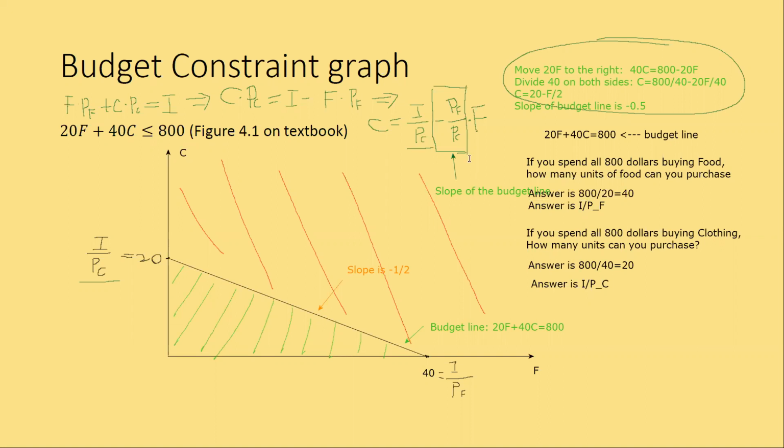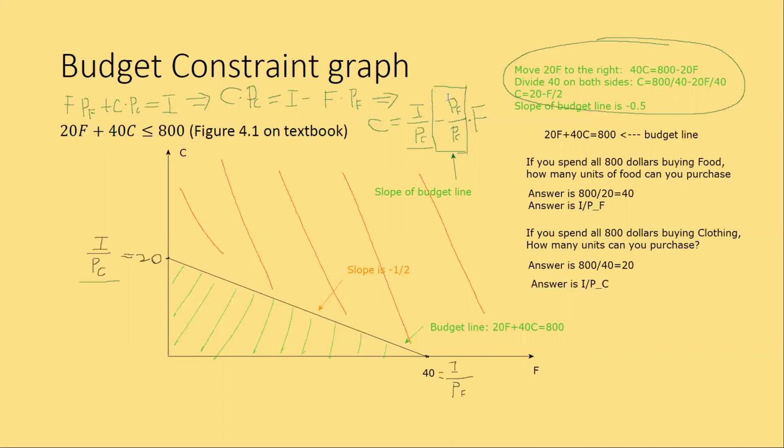Oops. Let me redo it. Probably here is better. And if we substitute in the numbers, we have PF, that is 20, and PC, that is 40.